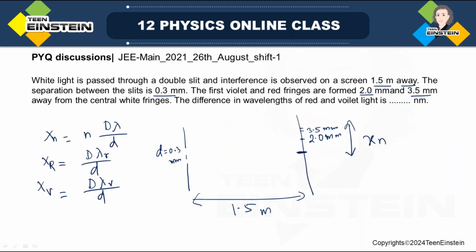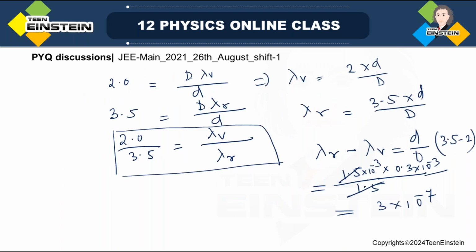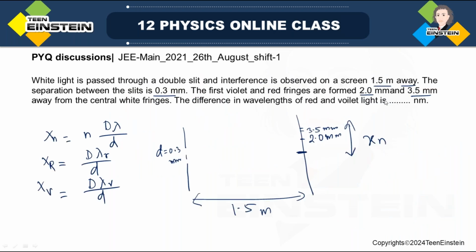I have to find it in nanometer, so multiplying and dividing by 10 to the power 9, it is 300 nanometer. So the difference between the wavelengths of red and violet will be 300 nanometer. This is the answer for this question.